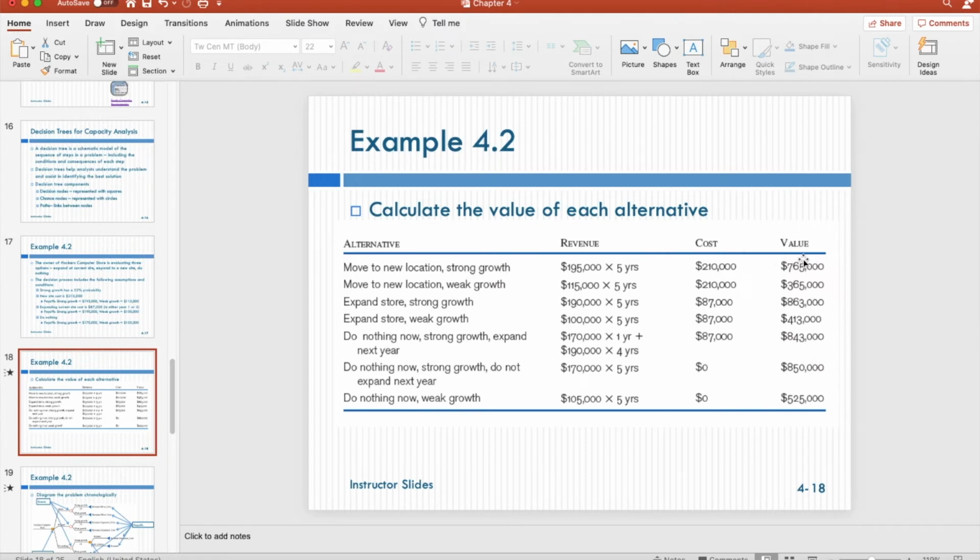Fortunately, this will be the corresponding profit. But if you expand on a new site and unfortunately the growth is weak, then your profit will change.